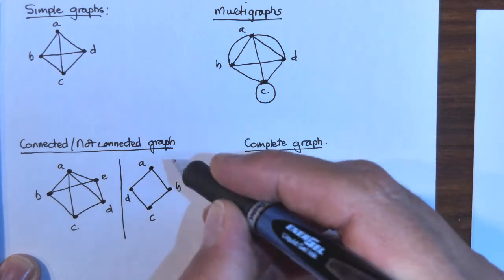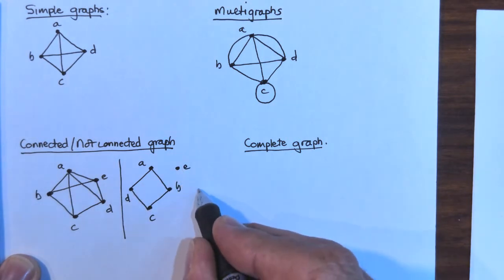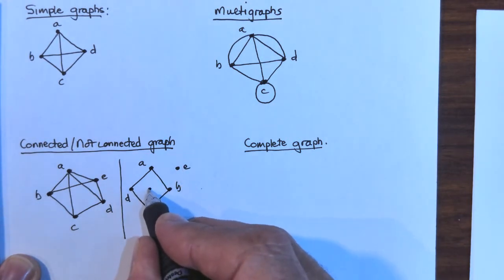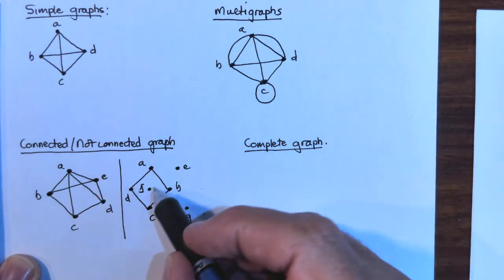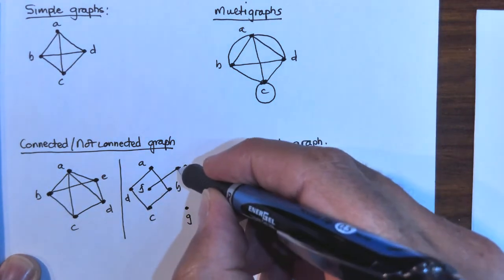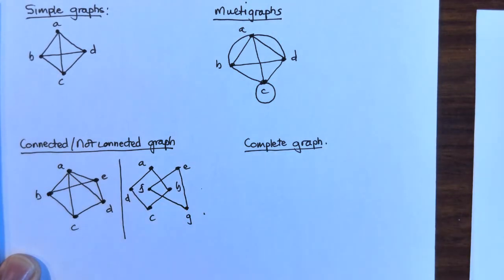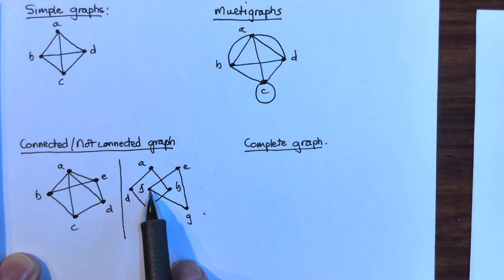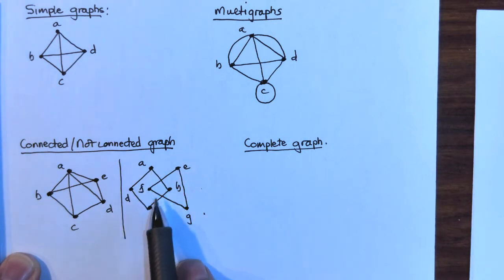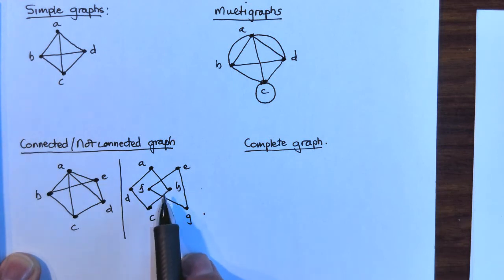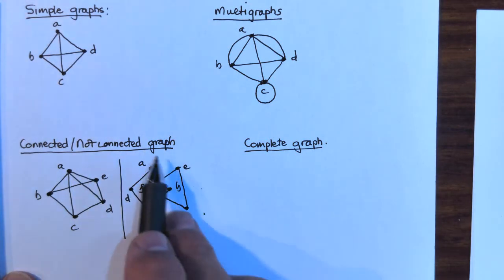But then we have vertices E, F, and G, and those are connected separately, but there's no way that you can get from F to A, B, C, or D, or E to A, B, C, or D, or G to A, B, C, or D. This is one graph, but it's not a connected graph.